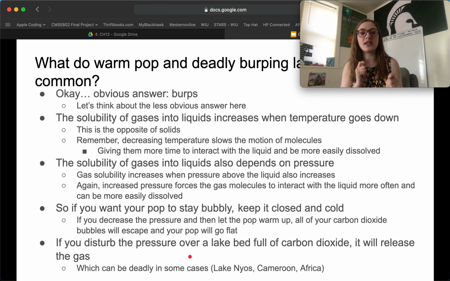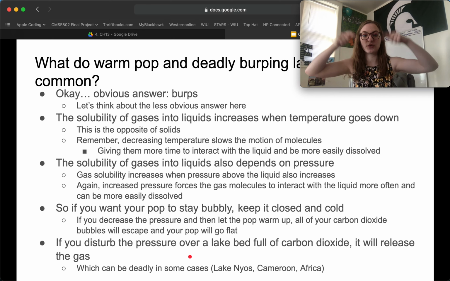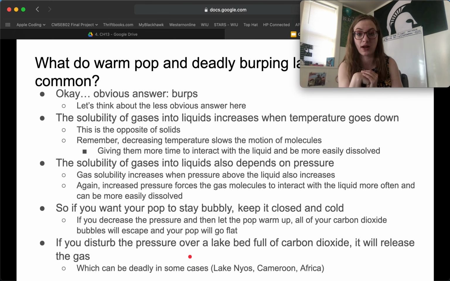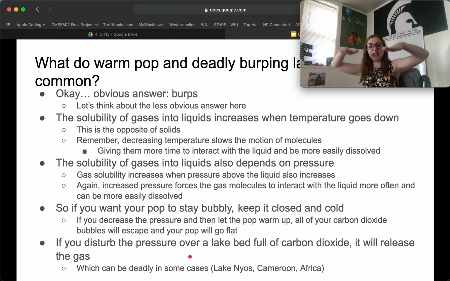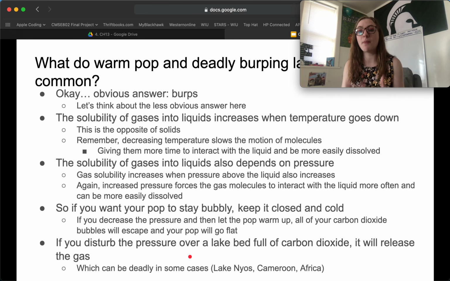The solubility of gases into liquids increases when temperature goes down. This is going to be the opposite for solids, which we're going to talk about in just a minute. But the solubility of gas increases when temperature goes down. Remember what happens to gas molecules when they are decreased in temperature.